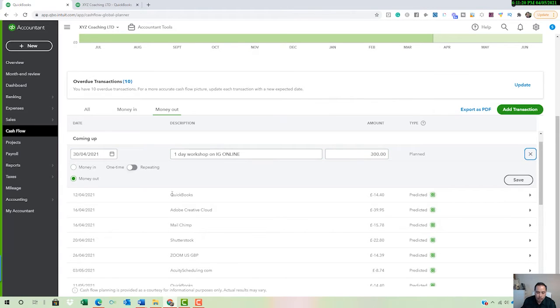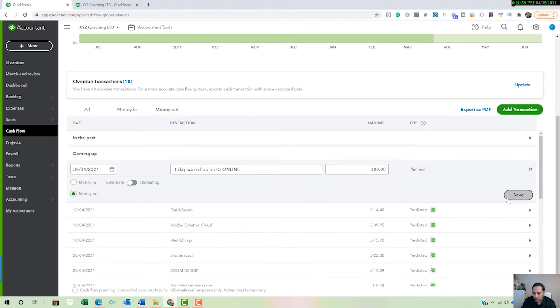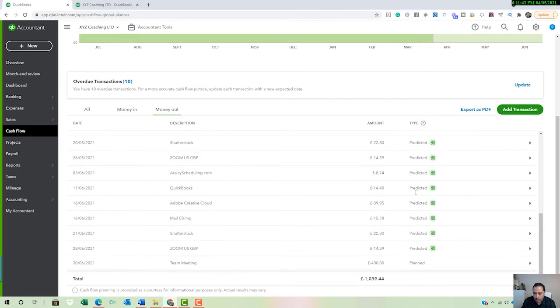You have to be careful when you select money in and out. If you select money in, the system thinks you're collecting a payment from your clients and customers. So you have to select the right one, money out here. Before I do this, you'll see that it was overdrawn by 739.44. Now we'll see that once I've done this, we would expect this balance to worsen.